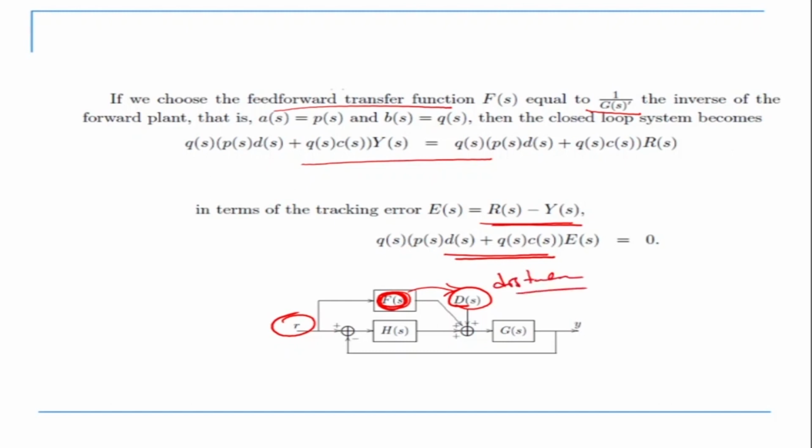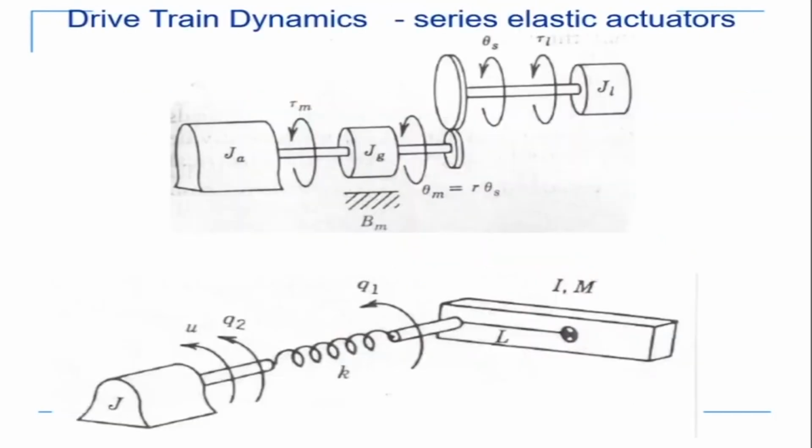I hope you understand this point, that if you can estimate the disturbance, you can cancel it. So what this FS term, the feed-forward term, is doing is computing the dynamics and taking care of this DS disturbance coming from there, because of which, even for a PD controller, your steady-state error is equal to 0. Okay, so this is another way of controlling a robot manipulator.